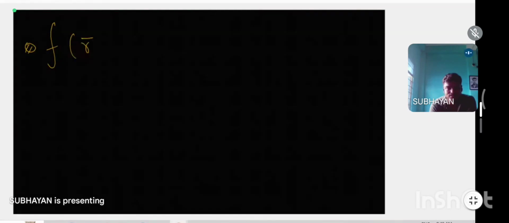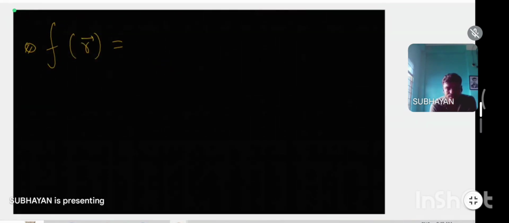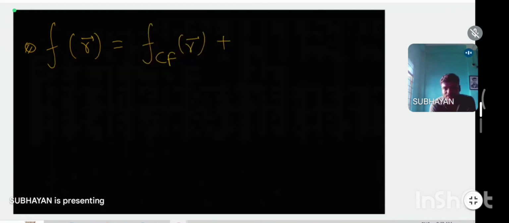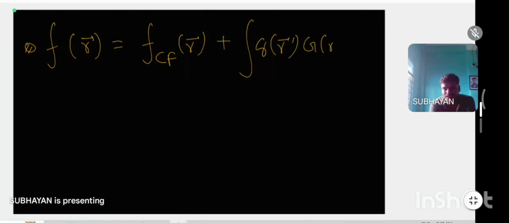So f of r is equal to the complementary function plus the particular integral, which is the integration of G(r, r prime) g(r prime) d cube r prime.